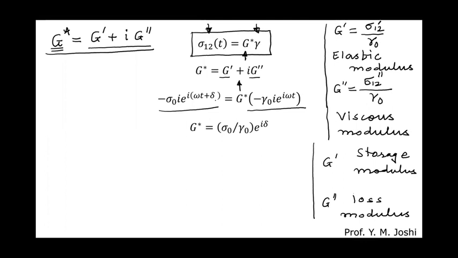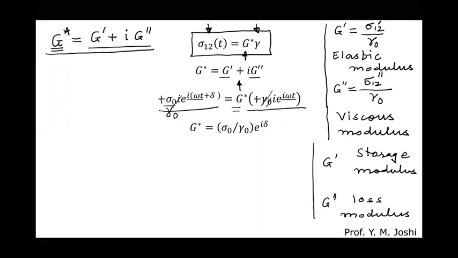All right. Now, if we solve this particular equation, we'll get the expression for G star. And as you can very clearly see, the expression for G star is as follows. So the negative on both sides becomes plus. This sigma 0 comes here as divided by gamma 0. So we can remove this part also. And we have this e to the power i omega t over here and e to the power i omega t over here. All right.